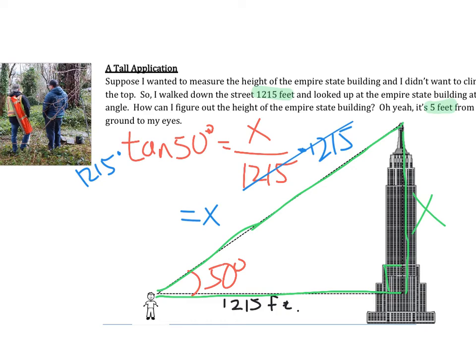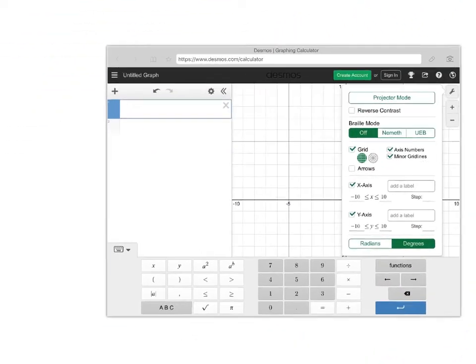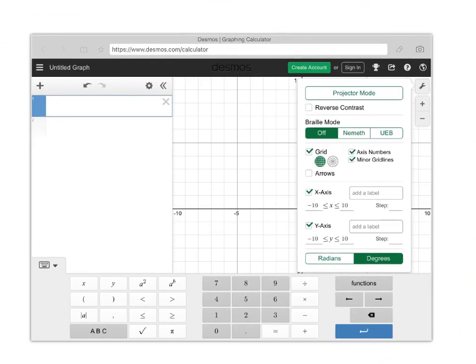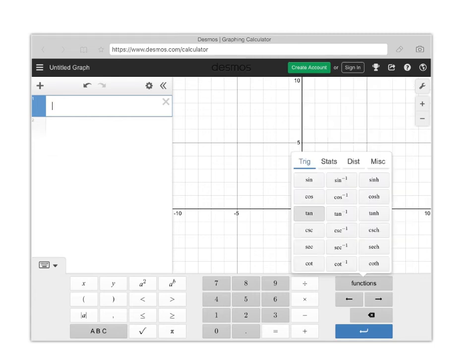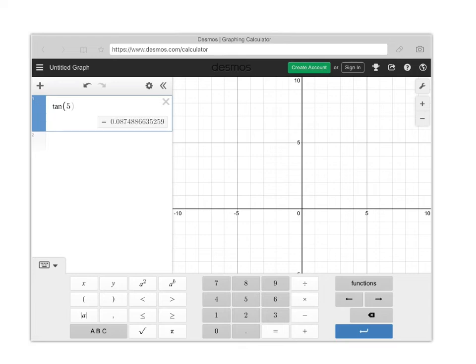So then we go to our calculator. We'll go over here to Desmos again. Make sure it's in degrees, not radians, okay? And we want the tangent of 50 degrees. That's 1.19, and we're going to round that off to 1.19. Then we're going to multiply that by 1215, right?